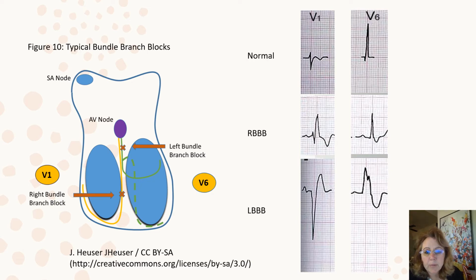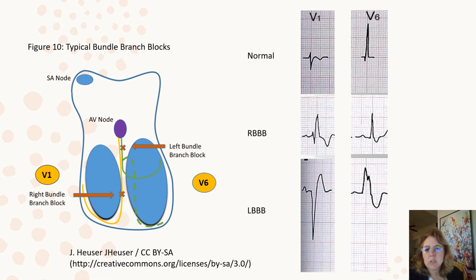Notice that the right is upright in V1 and the left is not. That's just how I look at it. The left is negative. And then I look at V6 and I see that V6 still looks kind of normal on the right side, and on the left it doesn't. It looks very different. But this makes sense, doesn't it? Because we're talking about a right bundle branch block or a left bundle branch block.